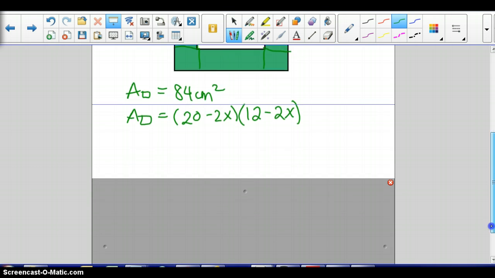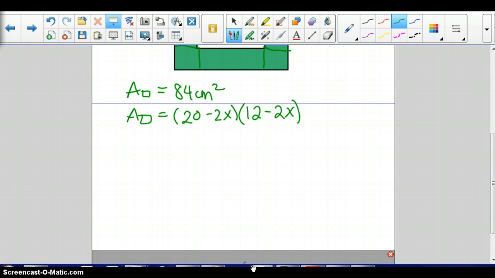And now we can multiply and double distribute, or FOIL, you may know it as. We know that the area of the square is 84 centimeters squared, so I'm just going to go ahead and plug that in here. And now I'm just going to double distribute.